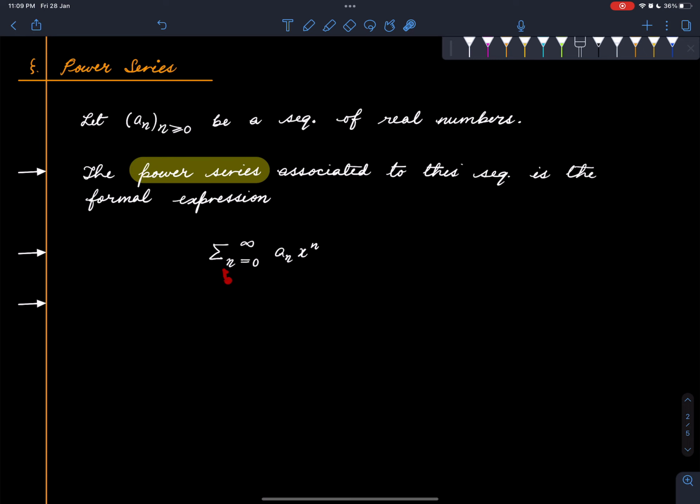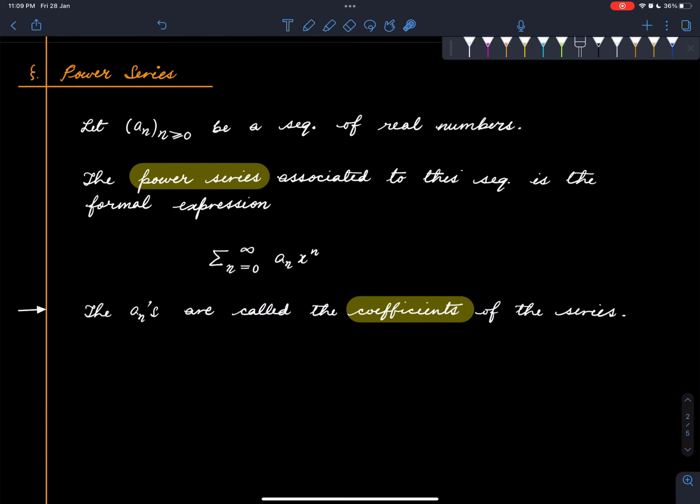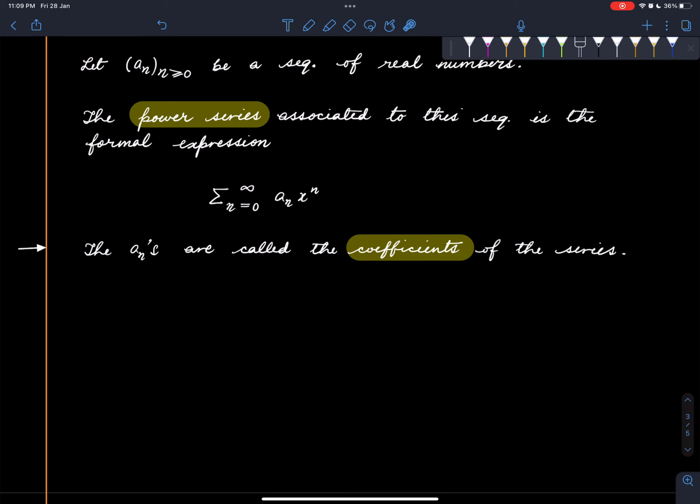You just decorate it with this extra x to the n. We'll see how we associate real numbers to it, but so far it's just this much. These an's are called the coefficients of the series. So an is the nth coefficient, and note that this is starting with 0. Okay, so very simple definition. So far nothing has happened.